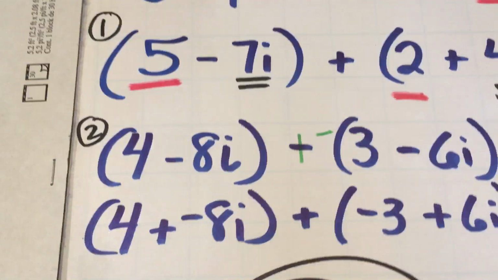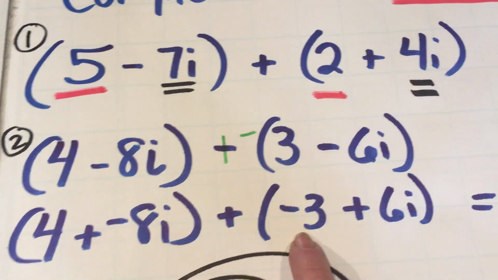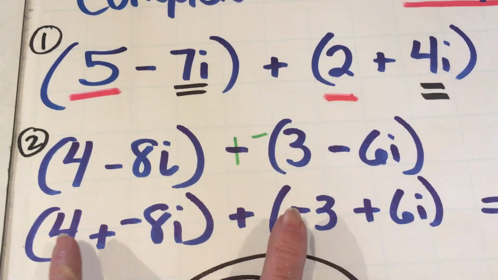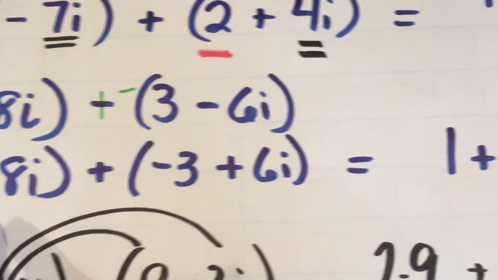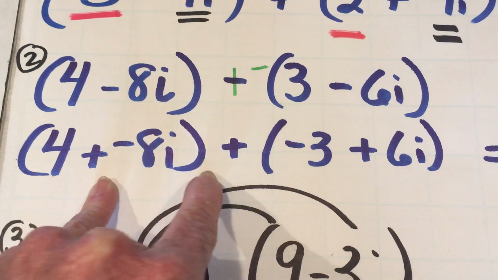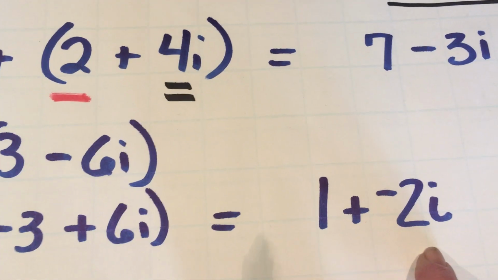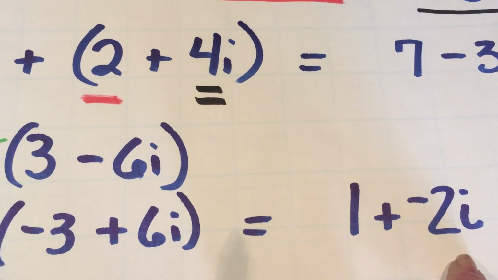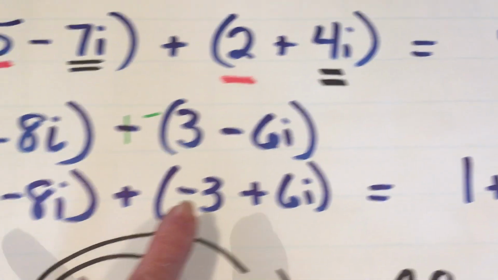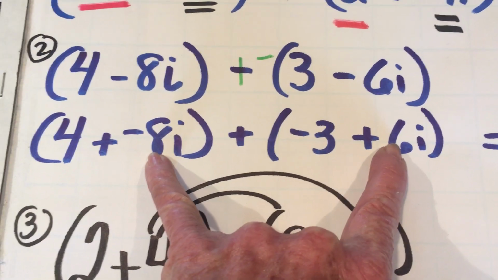So our problem becomes 4 plus 8i plus negative 3 plus 6i. So we have our 4 plus our negative 3, which we already said was 1, negative 8i plus positive 6i gives me negative 2i. When you're adding and subtracting, you combine like parts. You combine the real number parts, you combine the imaginary parts.